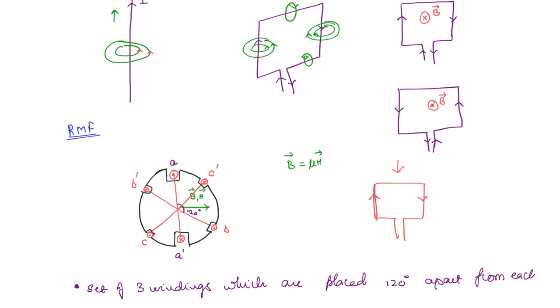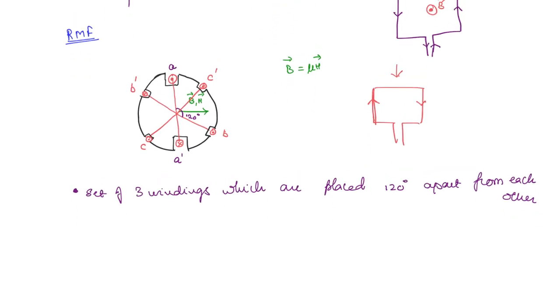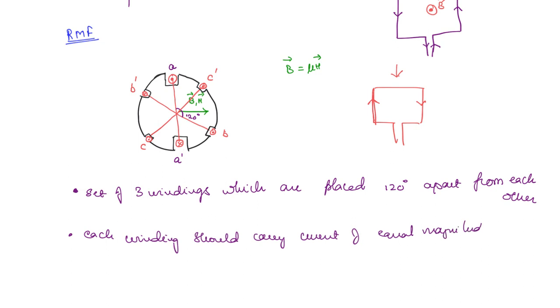Now, next what you have to do, in each of the 3 coils, you have to send currents in such a way that the 3 currents are 120 degrees apart with respect to time. So we will understand it. Don't worry if it's confusing. Each winding should carry current of equal magnitude but with a phase shift of 120 degrees.